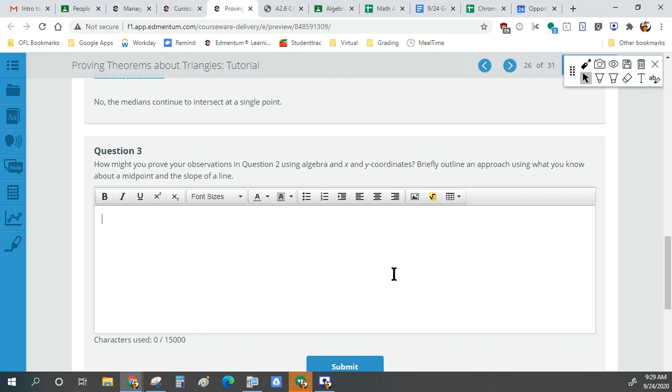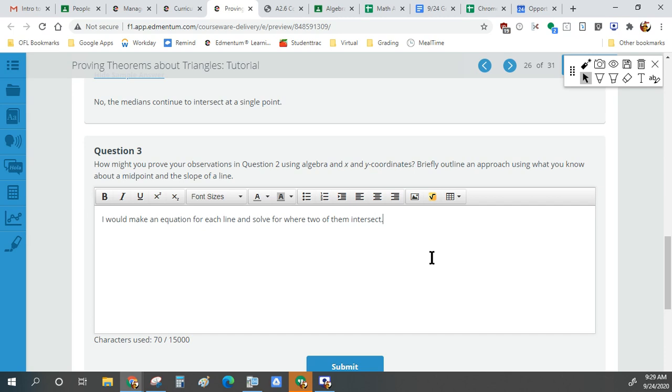So without getting into too much detail, I would make an equation for each of the lines and solve for where two of them intersect.